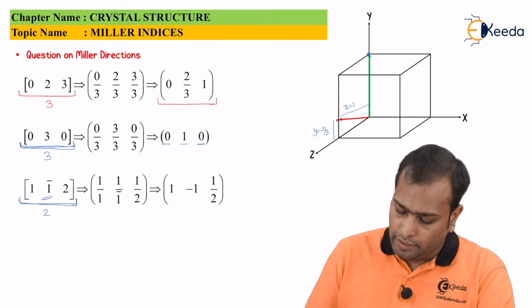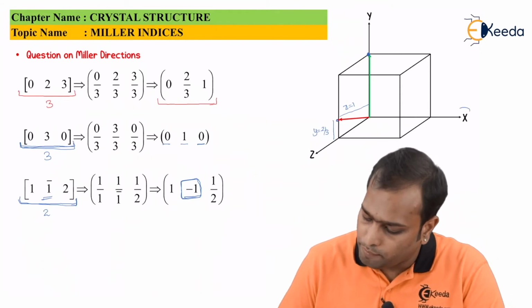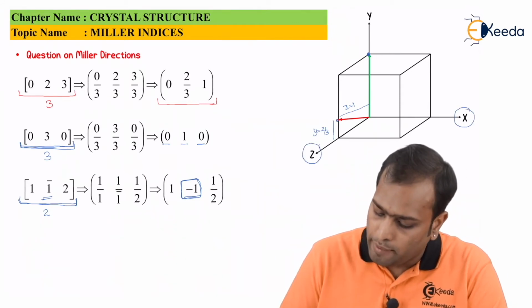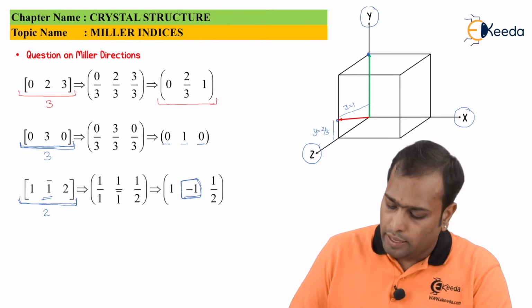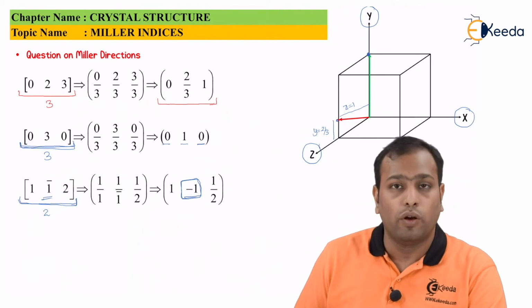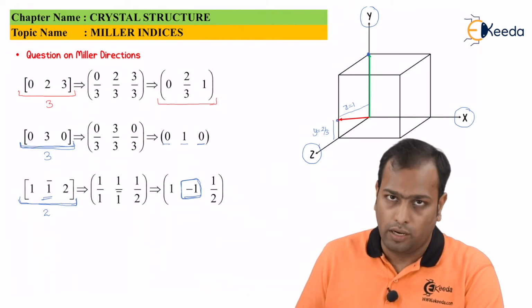As you can see here, y coordinate is negative, but we are considering positive x-axis, positive z-axis, and positive y-axis. In our unit cell, we don't have the negative y-axis, which we need to plot this directional vector.